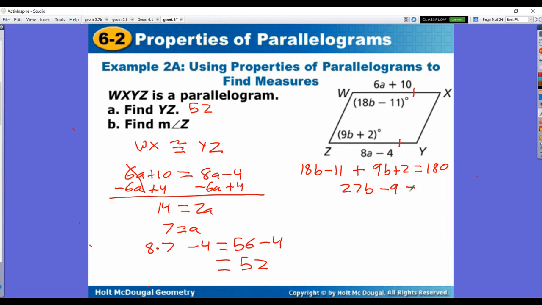All right, and that's all going to be equal to 180. All right, now we're down to a two-step equation. So we are going to cancel out the 9. And we get 27b is equal to 189. All right, last step, divide by 27.